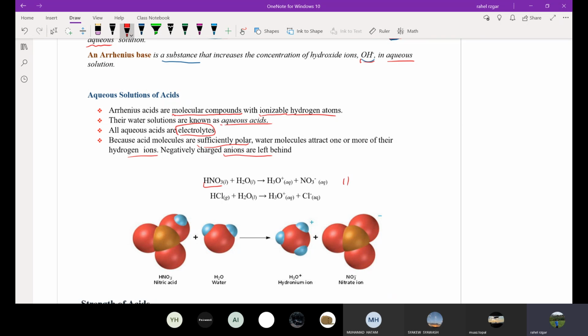We have, let's say, HClO4 reacts with H2O, becomes H3O and ClO4 negative. What else do we have? HBrO3 reacts with H2O, again becomes H3O and BrO3 negative.